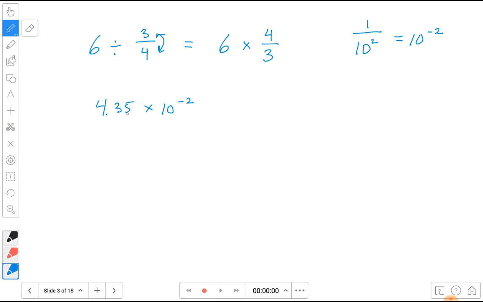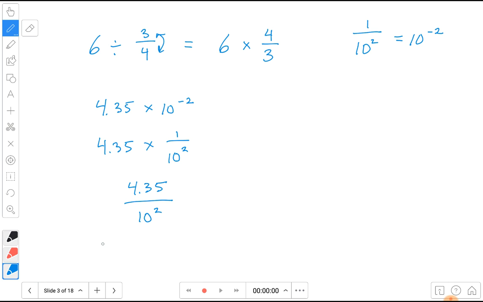Okay, so 4.35 times 10 to the power of -2 is the same thing as 4.35 times 1 over 10 squared. Okay? And so this is 4.35 on the numerator, and on the denominator, it's 10 squared, right? We're still just rewriting the same question, just in a different way.